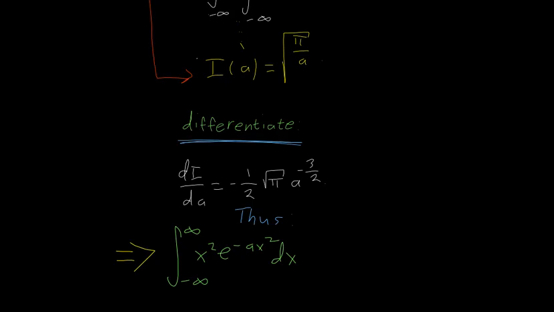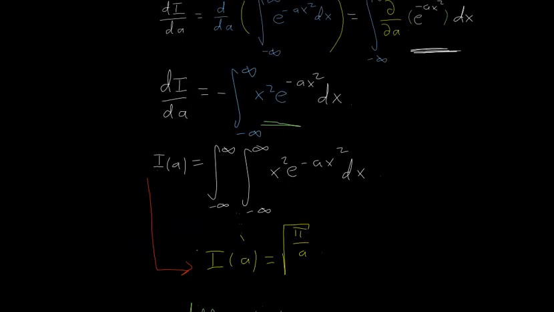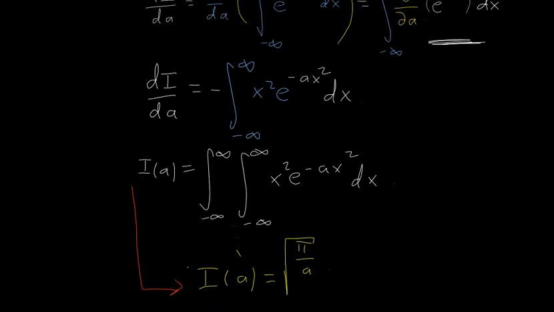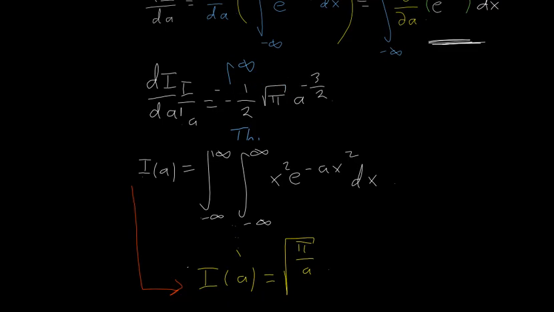The dI/dA was this integral right here. So dI/dA is equal to negative the improper integral of x squared e to the negative ax squared dx, and my dI/dA was negative 1/2 of root pi times a to the negative 3/2 after differentiating.